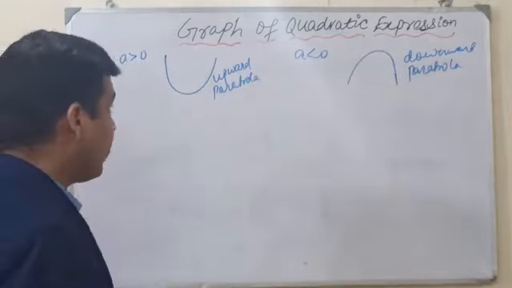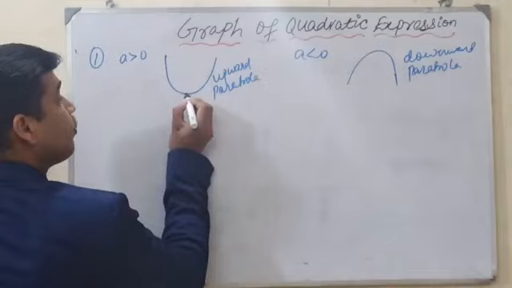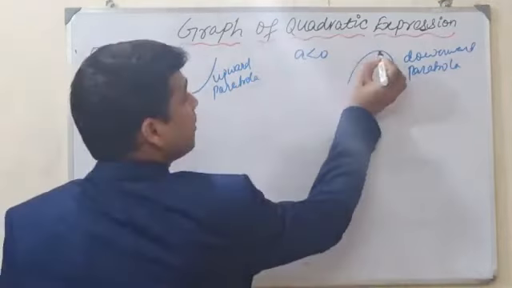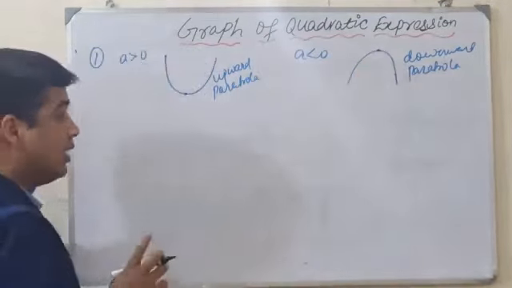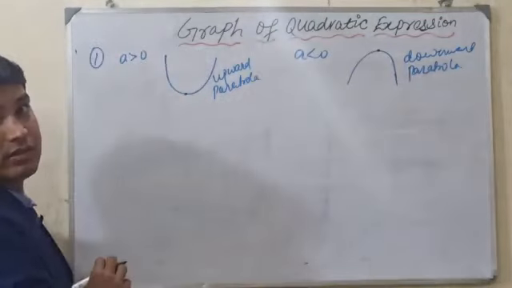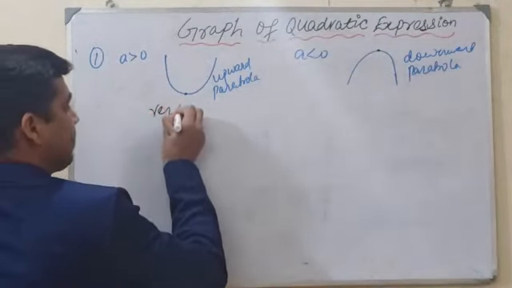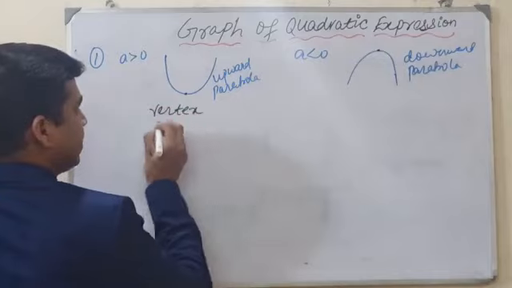We know that this is called the point of minima and this is called the point of maxima. The minimum value is at what is called the vertex. Now see this here.